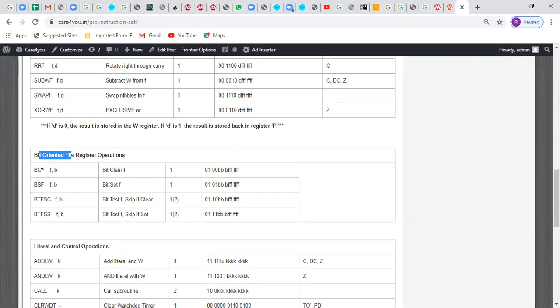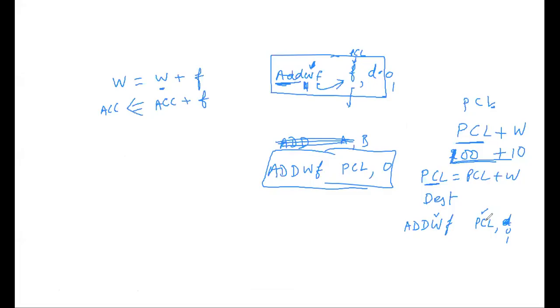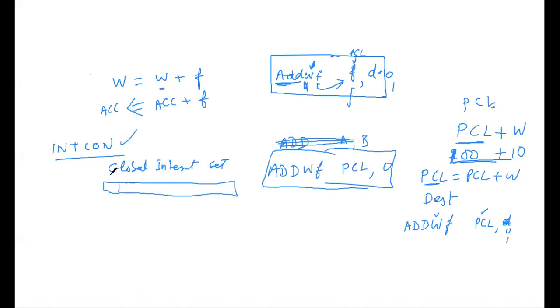BCF, बिट क्लियर. किसी रजिस्टर की सिंगल बिट को क्लियर करना है. जैसे आपने इंटरप्ट की सेटिंग करनी है. मैं आई होप स्टिल देयर इज सम मोर टाइम. लेट मी गिव यू एन एग्जांपल. सपोज यू वांट टू, यू हैव ए इंट कॉन रजिस्टर और इस रजिस्टर में आप ग्लोबल इंटरप्ट सेट करना चाहते हैं. एंड यू नो वेयर इज दिस ग्लोबल बिट? ये मेरा रजिस्टर है इंट कॉन. इसकी जो D7 बिट है, दिस इज द GIE, ग्लोबल इंटरप्ट इनेबल. मुझे इस इंटरप्ट को इनेबल करना है ताकि बाकी सारे इंटरप्ट आ सके, रिकॉग्नाइज हो सके.